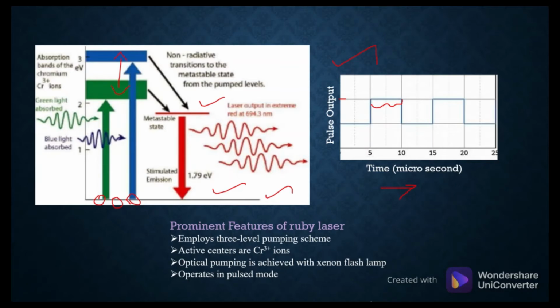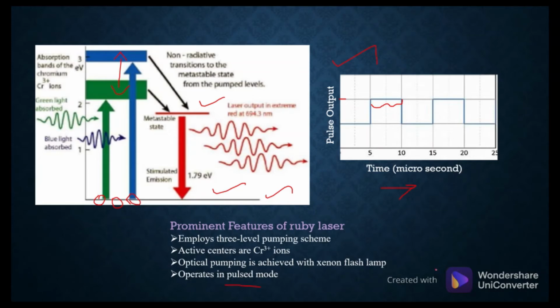The main active centers responsible for laser action are chromium ions. They are the activator ions here, and the pumping mechanism adopted is optical pumping with the help of xenon flash lamps. And the ruby laser can generate only pulsed output. We cannot have a continuous laser beam generated out of the ruby laser.